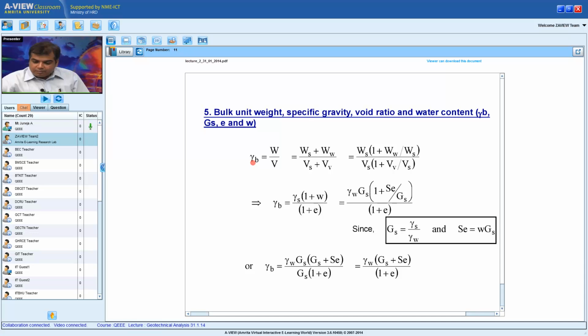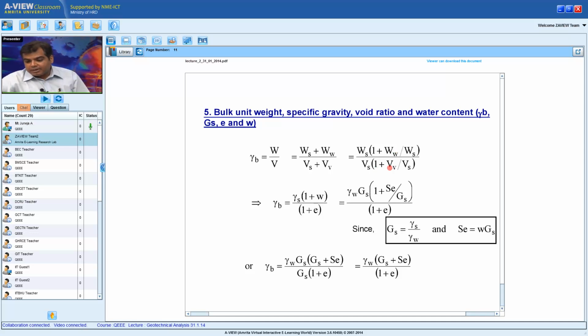So I have bulk unit weight equals weight of solids over volume of solids, which is equal to the unit weight of solids, just the unit weight of the soil skeleton, times 1 plus weight of water over weight of solids, which is equal to water content, correct?